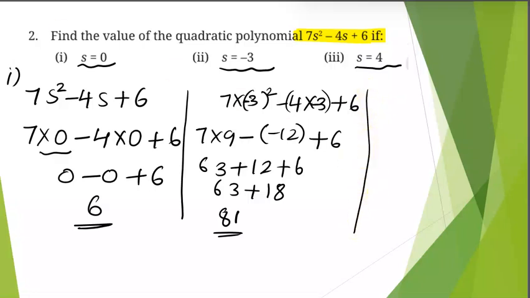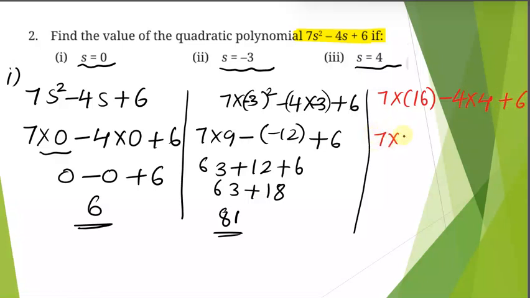Now the last question, you have to find the value of the polynomial at s equal to 4. So it will be 7 into 16, because 4 square is 16, minus 4 into 4 plus 6.